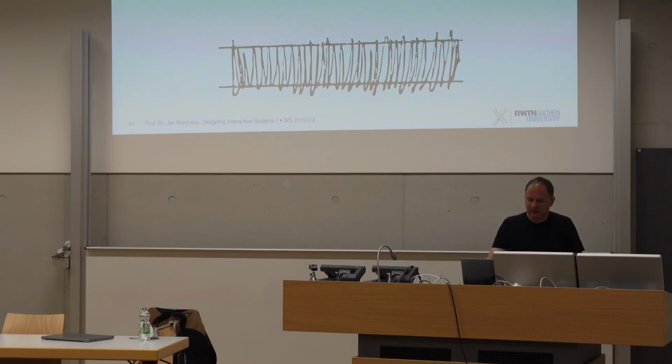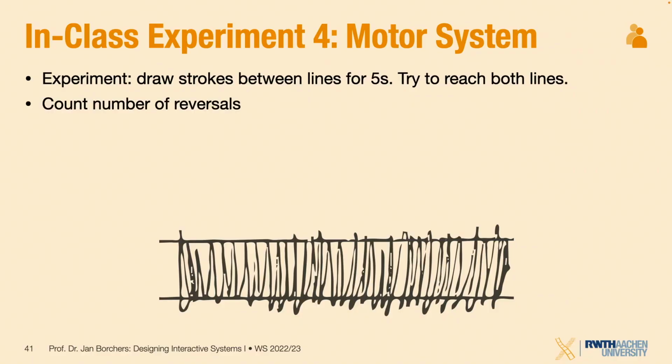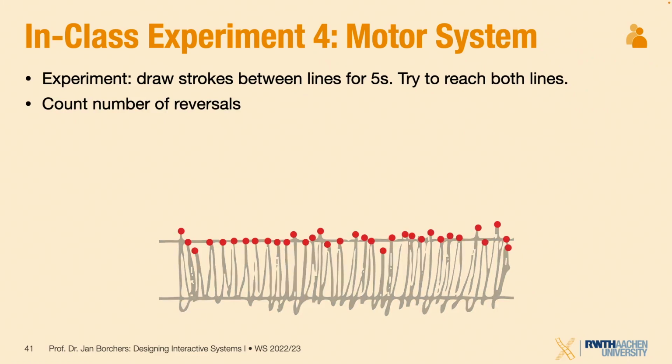Now, what you need to do is you now need to count reversals. What I mean by this is you count the number of turnaround points at the top. You don't need to count the ones at the bottom as well because, right? Okay.